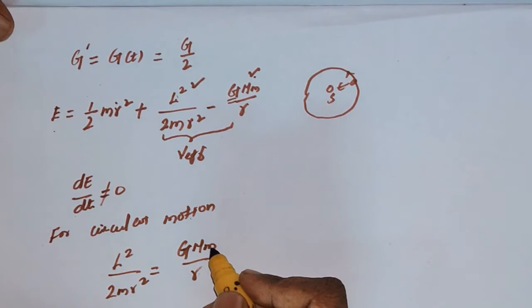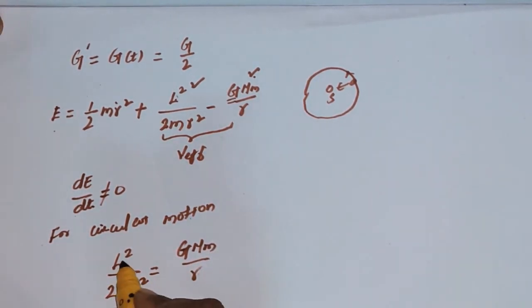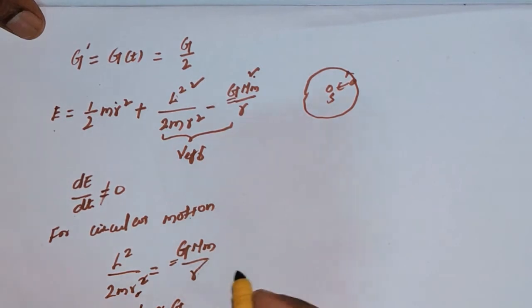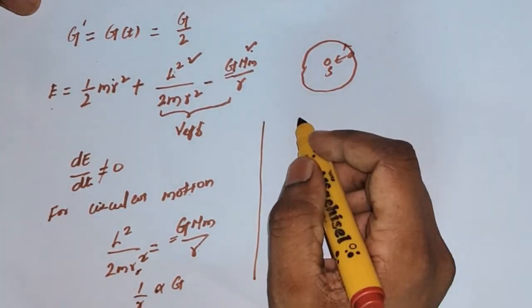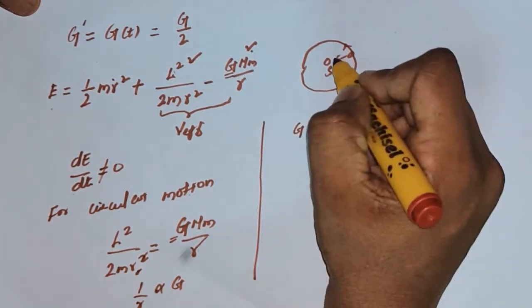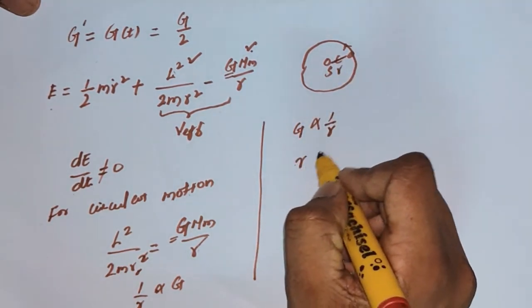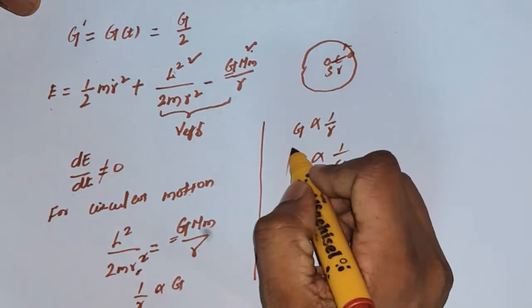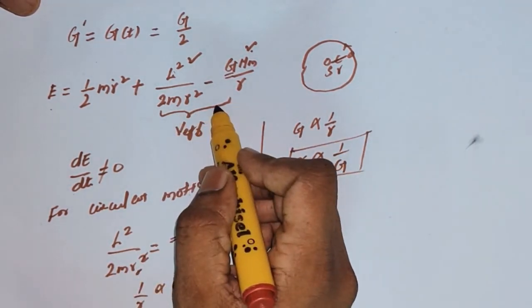From this relation, if the orbital angular momentum is constant, and the other quantities are also constant, while the radius and G are varying, then you can cancel one r, and 1 by r is proportional to G. That means the gravitational constant is inversely proportional to the orbital radius of the planet, or r is inversely proportional to G. This is the relation we get from the effective potential energy.